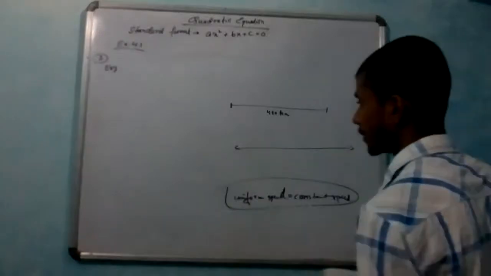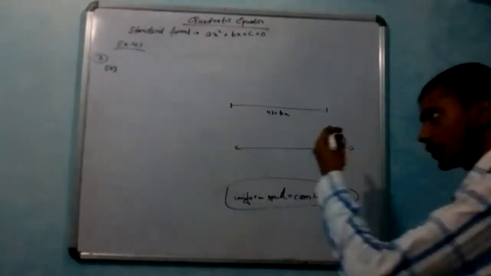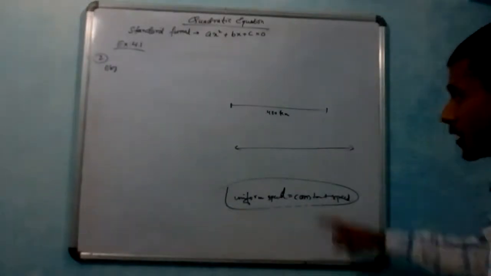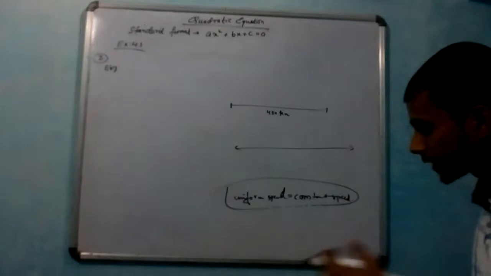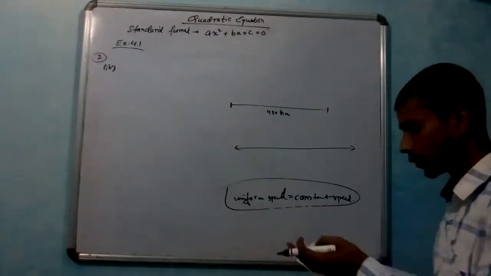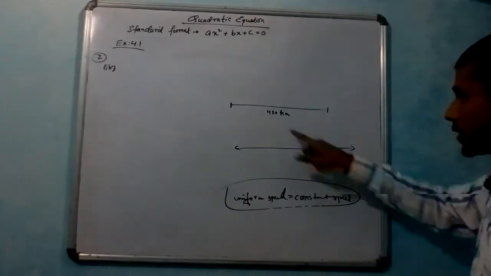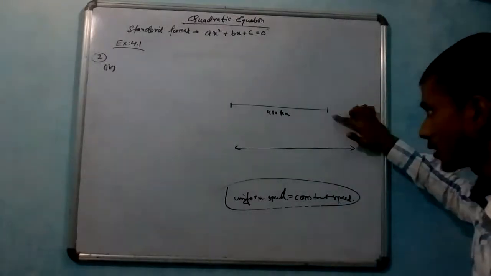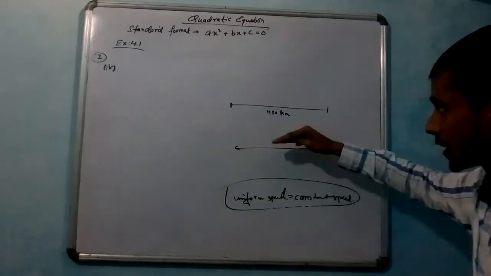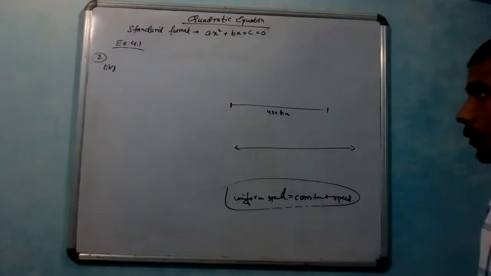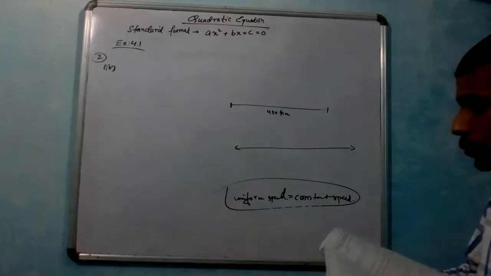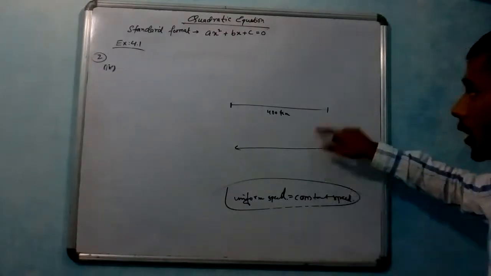If that speed had been 8 km per hour lesser, then it would have taken 3 hours more to cover the same distance. Means if originally it had taken some hours, in this case the train would have taken 3 hours more, 3 hours extra.